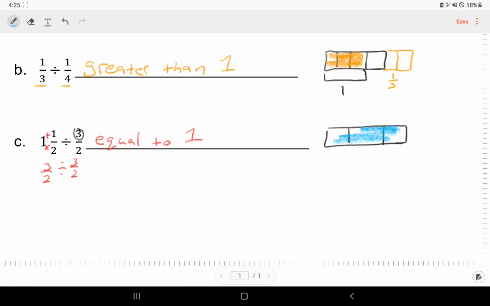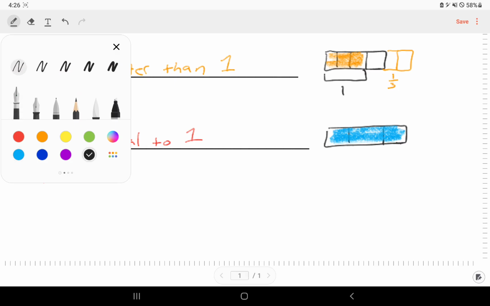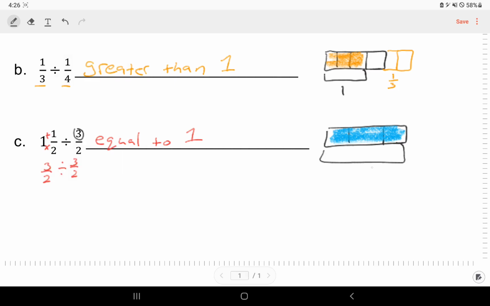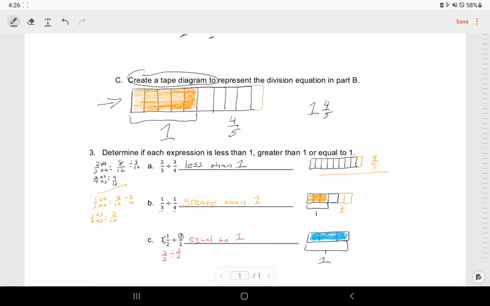And so I shade all 3 boxes. And so that's 1 group. And so that's equal to 1. And so that's all of quiz A.